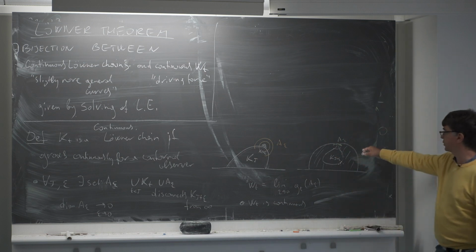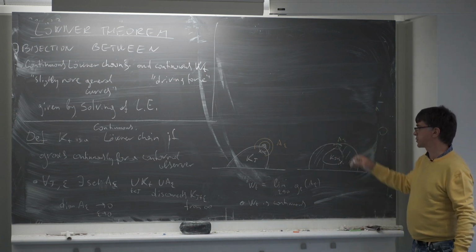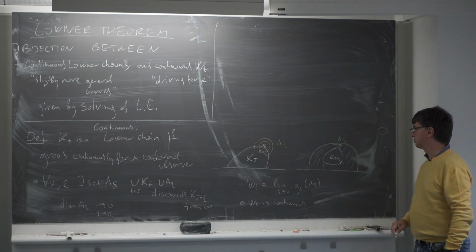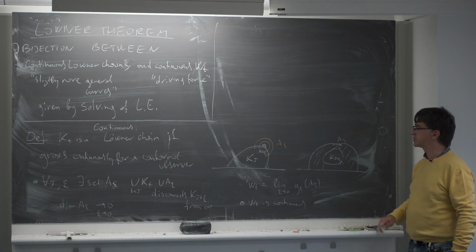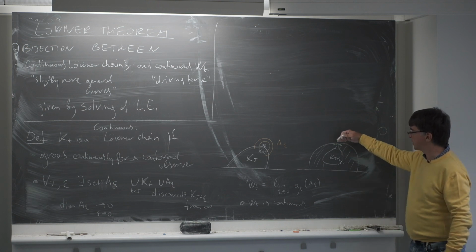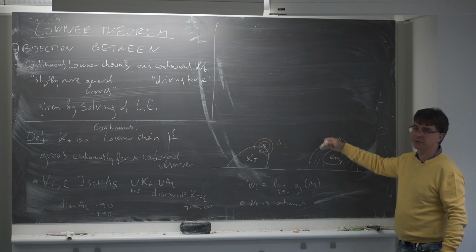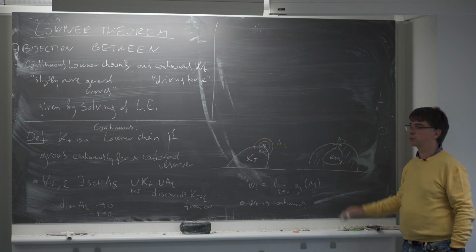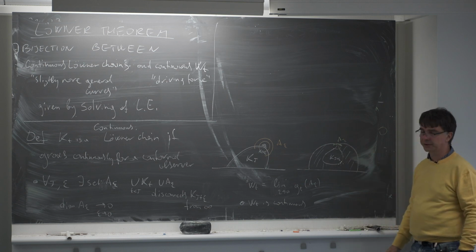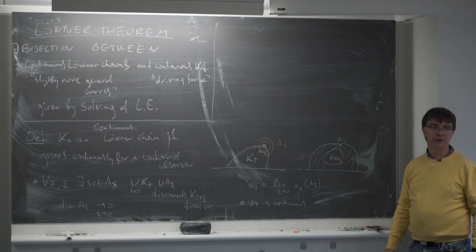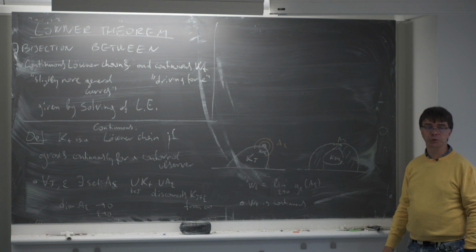You can also formulate it geometrically, saying that for tau and for tau plus delta they are very close to each other, but that requires already half a page, so I don't want to get into that.